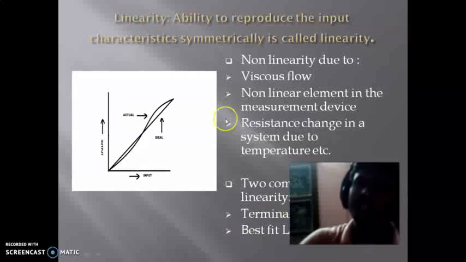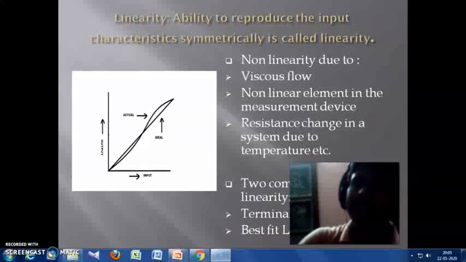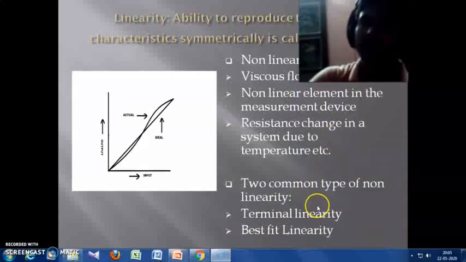So linearity can be of two types basically. One is terminal linearity and the other is best fit linearity. If two points, that is a start point and an end point, are connected, and in between we have a deviation on one side, either on the negative side or the positive side, then this kind of linearity is called terminal linearity.